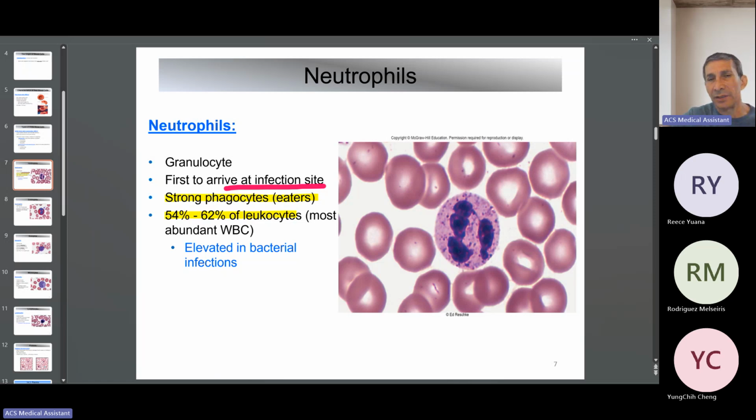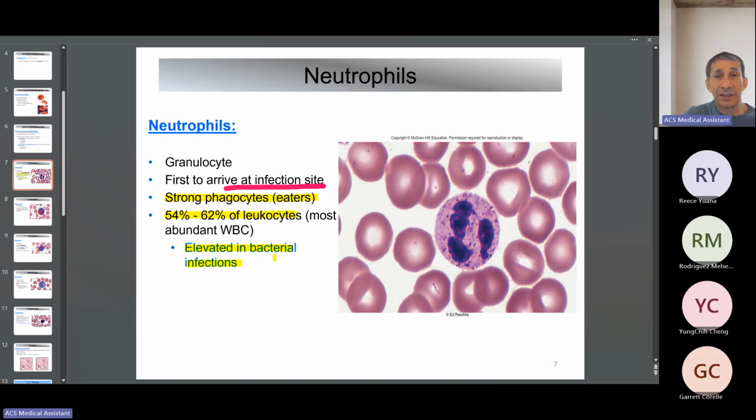You're not going to be asked about that. Just know what the white blood cells are for. What is the defense mechanism? They are the ones that protect us. Now, remember that I told you that if we find in a blood test that these neutrophils are elevated, meaning that they are beyond the normal ranges, that means that you have a bacterial infection. And that's when the doctor decides to prescribe you an antibiotic.